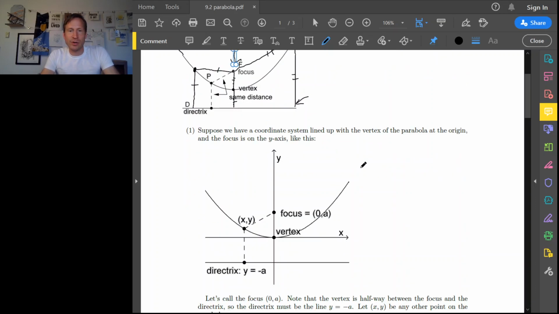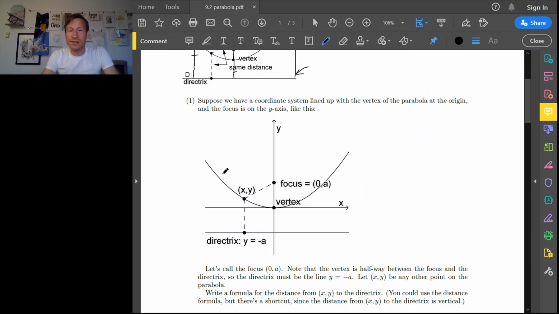Okay, so here is a coordinate system that I've put on top of the parabola, and I've arranged it in a very particular way. I've put the origin at the vertex, and the directrix is parallel to the x-axis. That means that the equation of the directrix is y equals minus a. All right, and the focus, because the vertex is at the origin, right?